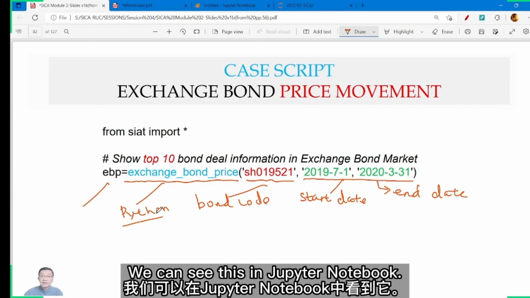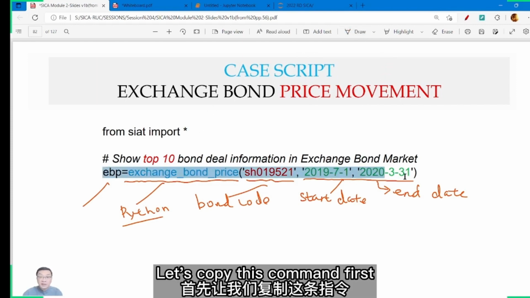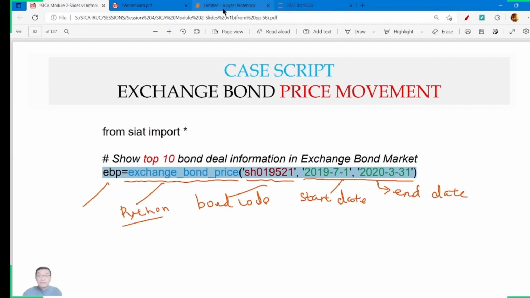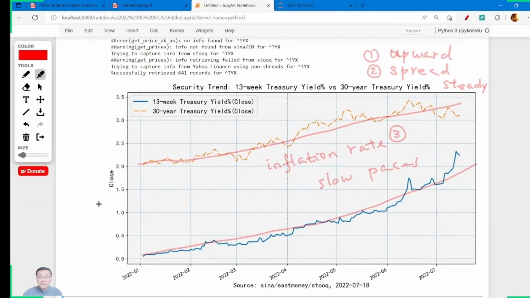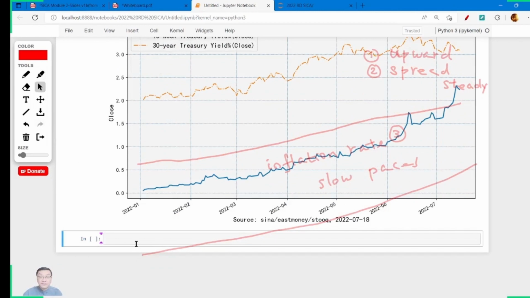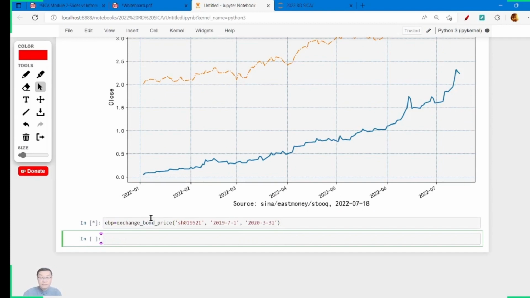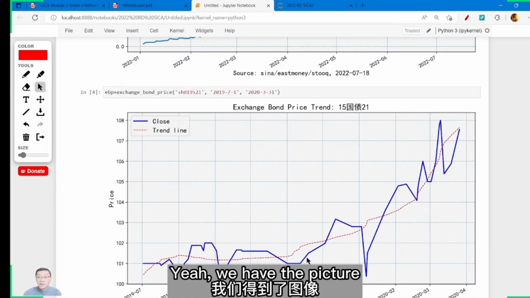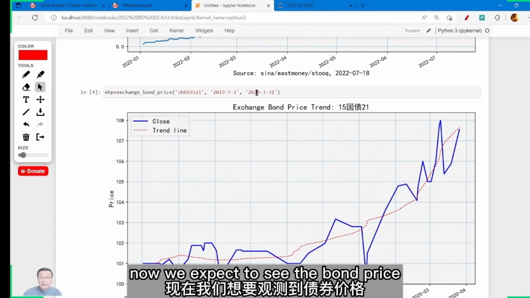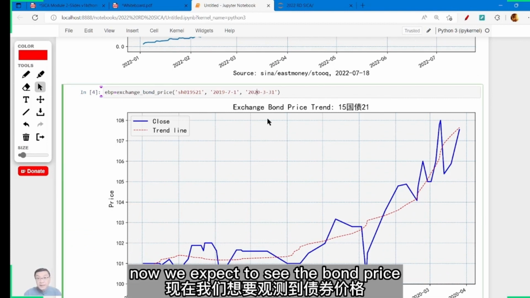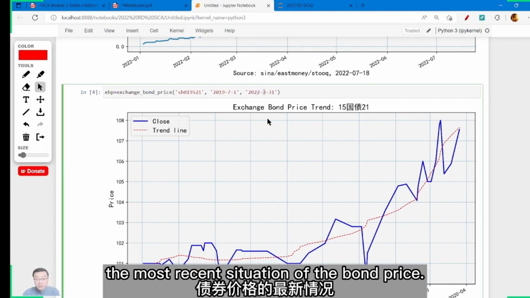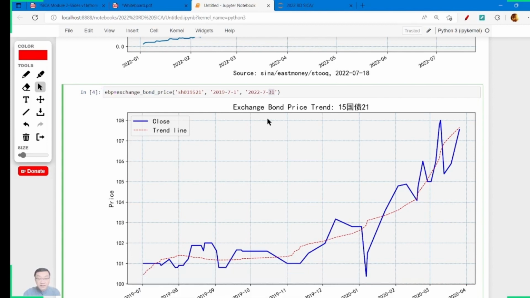We can see this in Jupyter Notebook. Let's copy this command first to Jupyter Notebook. Yeah, we have the picture. Now we expect to see the most recent situation of the bond price.